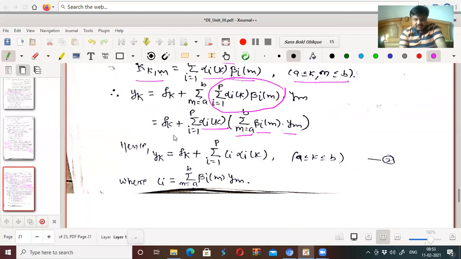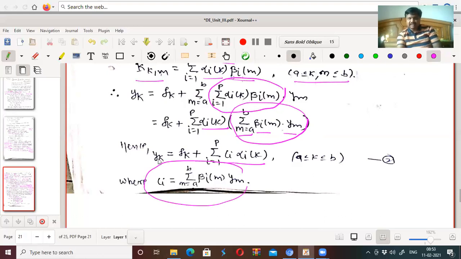Here y k is equal to f k plus summation from i equal to 1 to p c i alpha i k. Now alpha i k I will put as it is, and this can be written as c i, where c i is summation from m equal to a to b beta i m y m. This is c i.